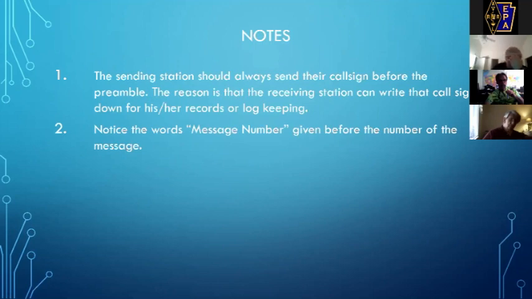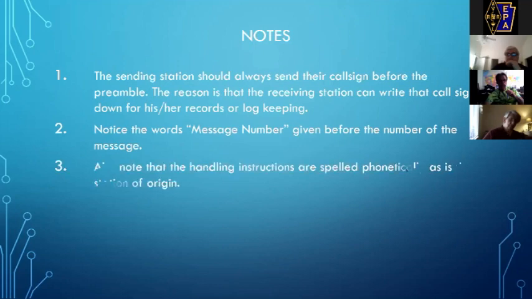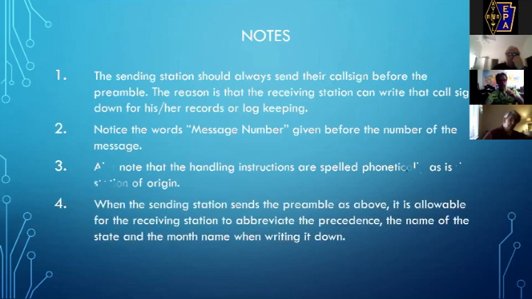Notice that the words message number are used before the number of the message. Don't just start off with number, say message number, and then the number of the message. Also, the handling instructions are spelled out phonetically, as is the station of origin, ITU phonetics.